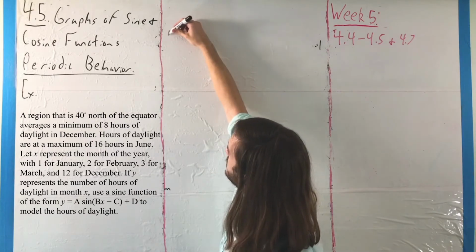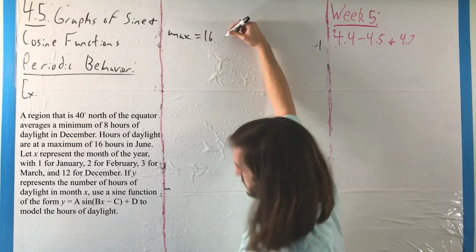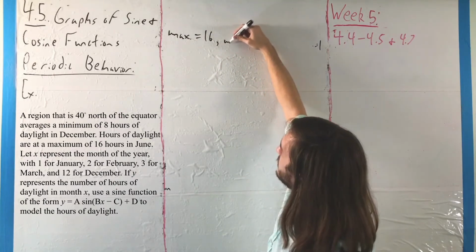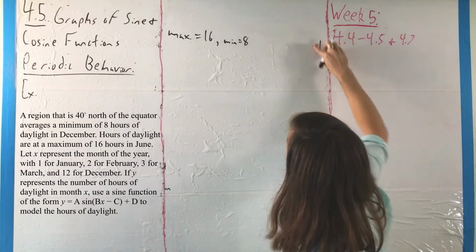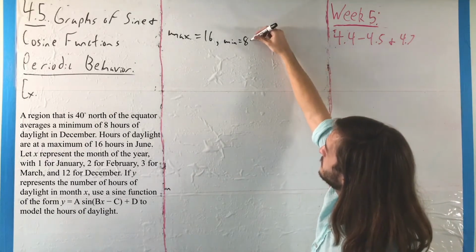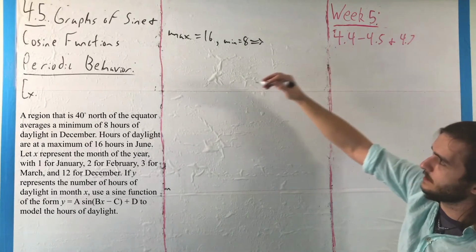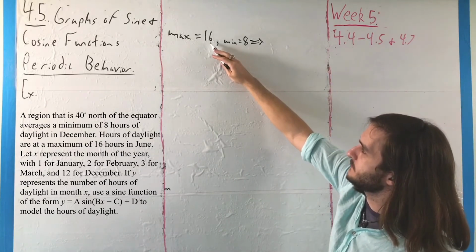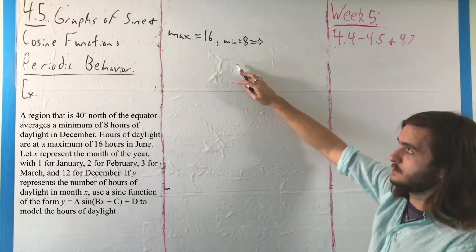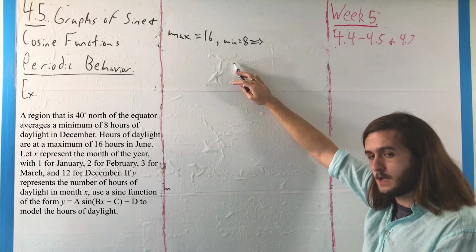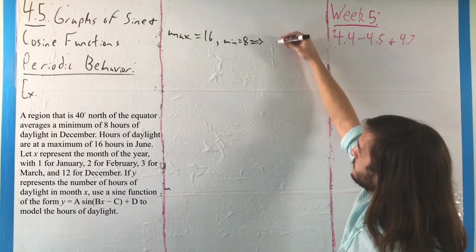Because we are told that the maximum value is 16 hours and the min is 8, our function is going to oscillate between a top of 16 and a bottom of 8, which means that our middle, because we're using a sine curve, is going to be the middle of 16 and 8, or 12.